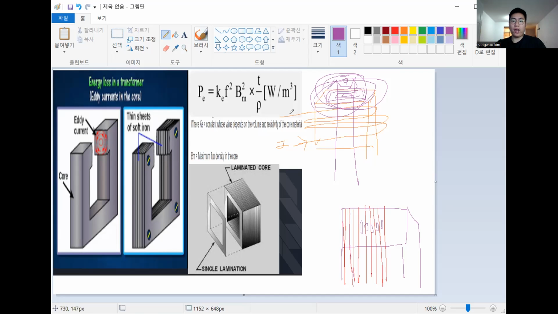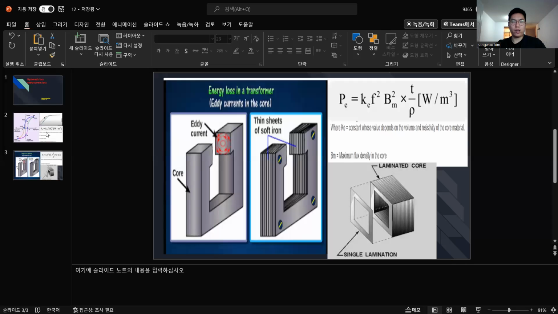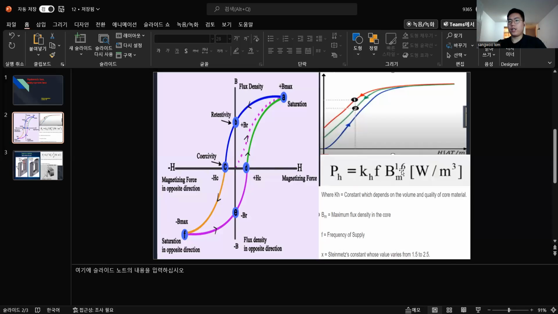Okay, and as I said, 1.6, where was it? Yeah, here, look at that, 1.6. As I said, from pure steel we add something to reduce the eddy current.